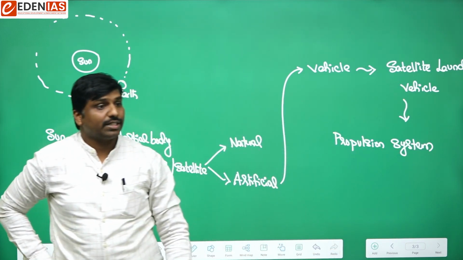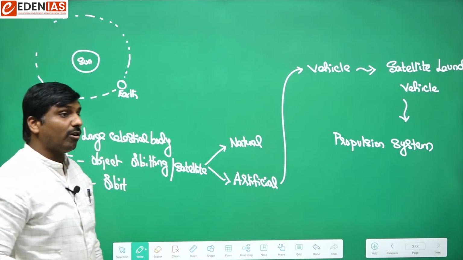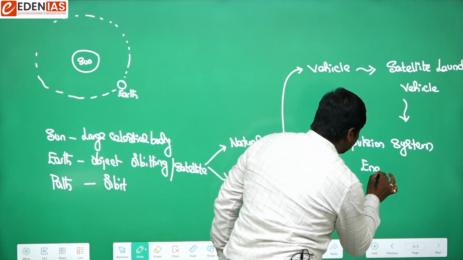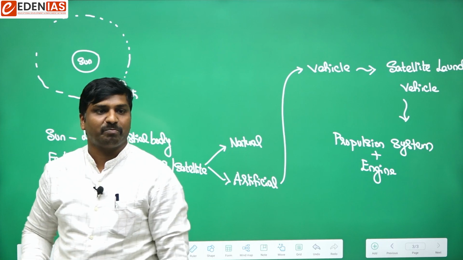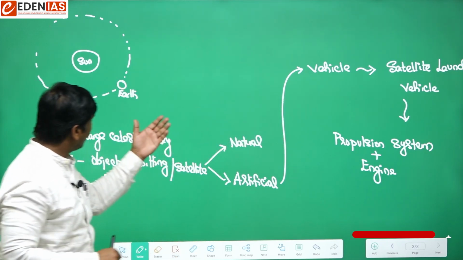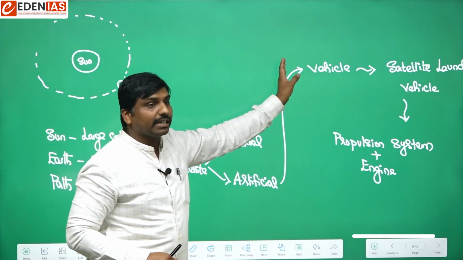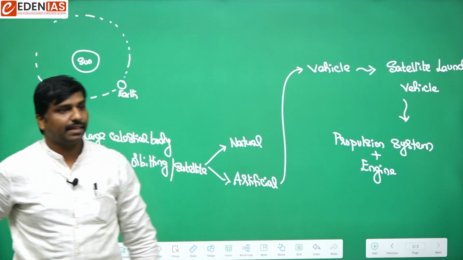That is one important thing you have to understand. Every satellite launch vehicle would be made up of an engine, and this engine will have a specific propulsion system. Have you understood till here? So what is an orbit, what is a satellite, what is a satellite launch vehicle, and what is the propulsion system? Have you understood all those things?